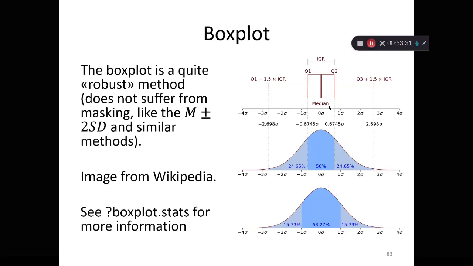If you really want to exclude them, don't use methods such as the mean plus or minus 2 standard deviations or 1 standard deviation or anything like that, because that method suffers from a thing called masking. If you have a very large observation, for example, that very large observation will quickly increase the standard deviation, thus making other extreme observations invisible to your outlier detection method.